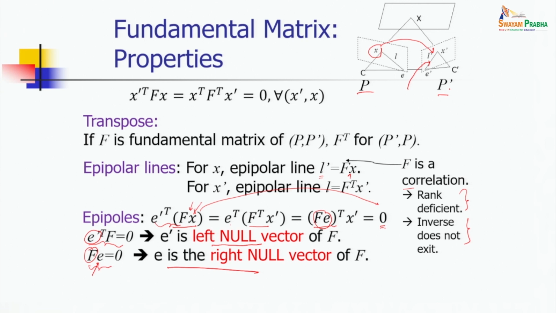Even if you move to a different setup, the corresponding points, the formation of the epipolar plane and the respective lines will still follow the same structure. So that is the reason the fundamental matrix is an inherent property of the stereo setup. It is not dependent on any kind of global coordinate transformation of the whole setup.